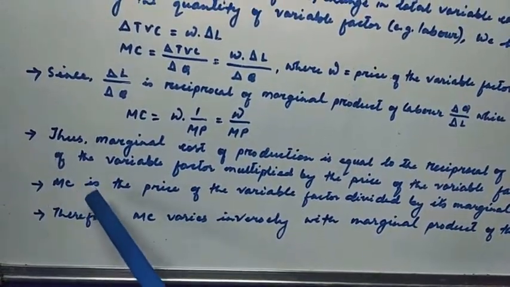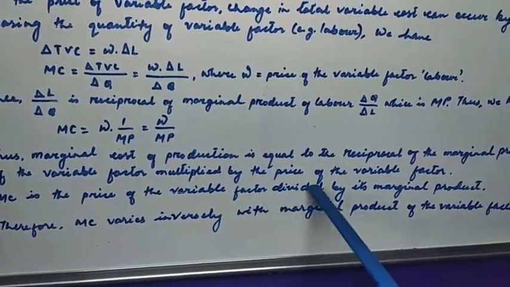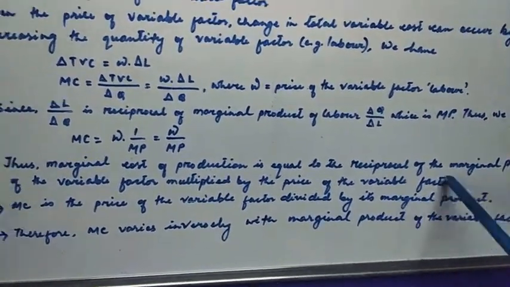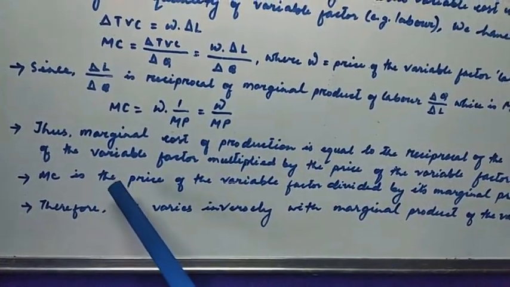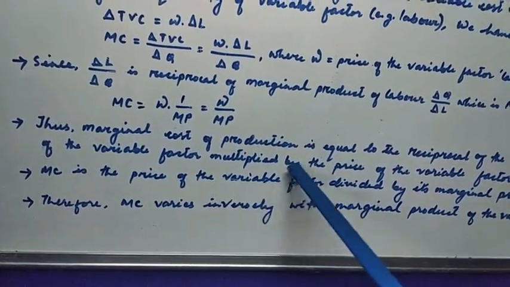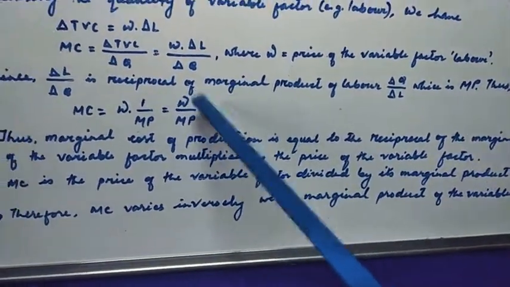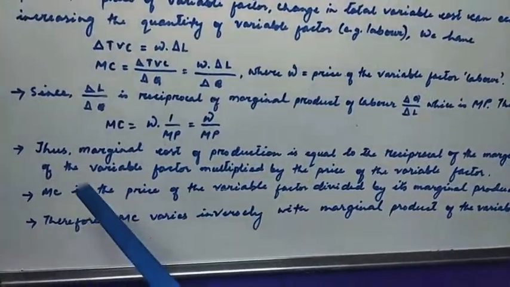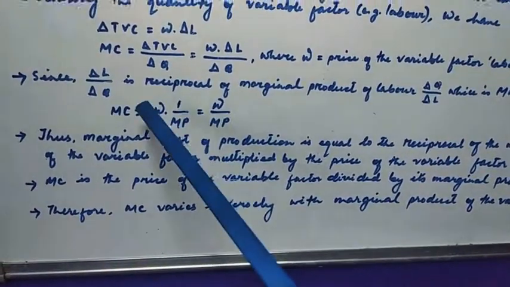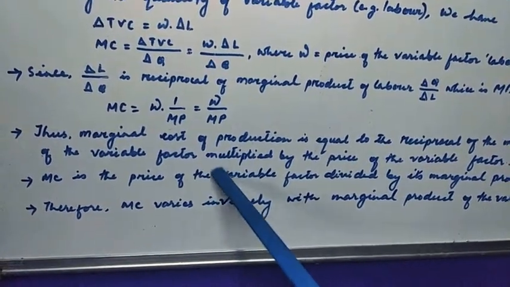So MC is the price of the variable factor divided by its marginal product. So W divided by MP is nothing but the price of the variable factor divided by its marginal product, that is marginal cost that we have derived here. Therefore, as you can see from here, marginal cost varies inversely.